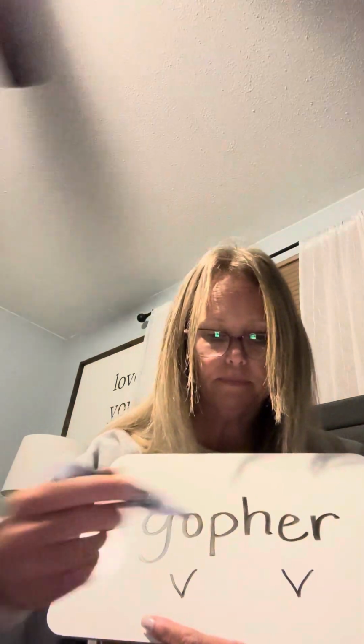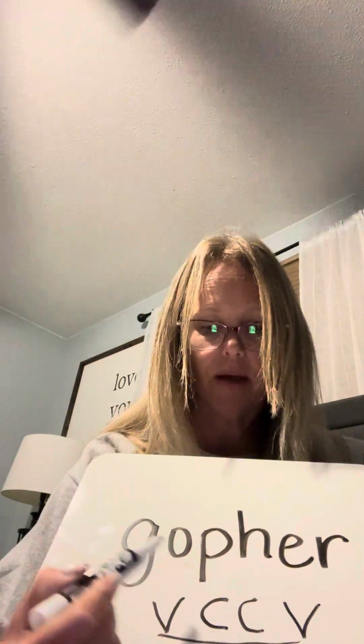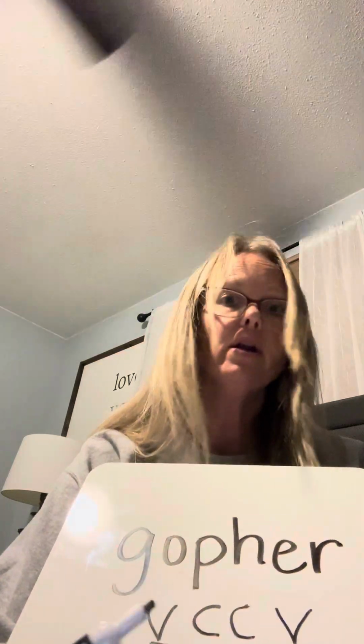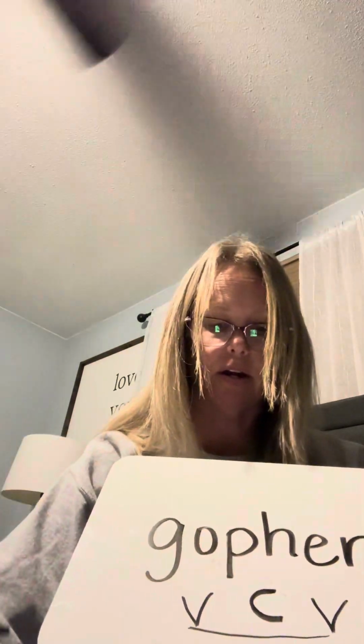First thing I'm going to do is label those vowels, and label my consonants in between. However, I'm not going to say gop-her. I know that doesn't sound right. I need to look and see, oh, I have a digraph here, so this is going to be counted as 1.